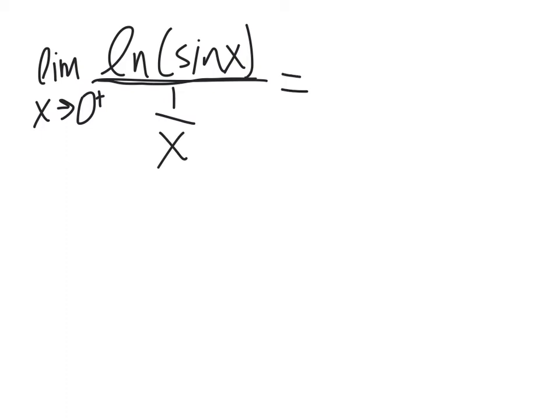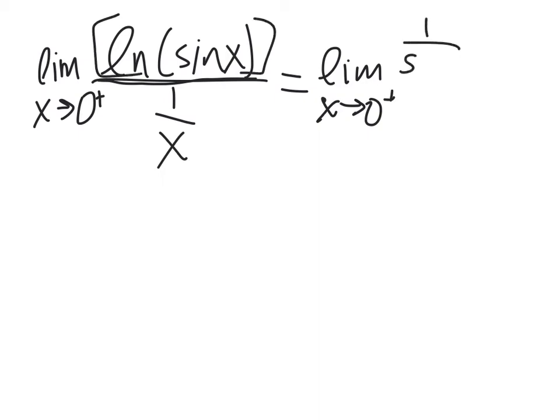So now we've got infinity over infinity, or actually negative infinity over positive infinity. L'Hopital's rule applies, and we can look at it as derivative of this, 1 over the inside times the derivative of the inside, and then derivative of the denominator.